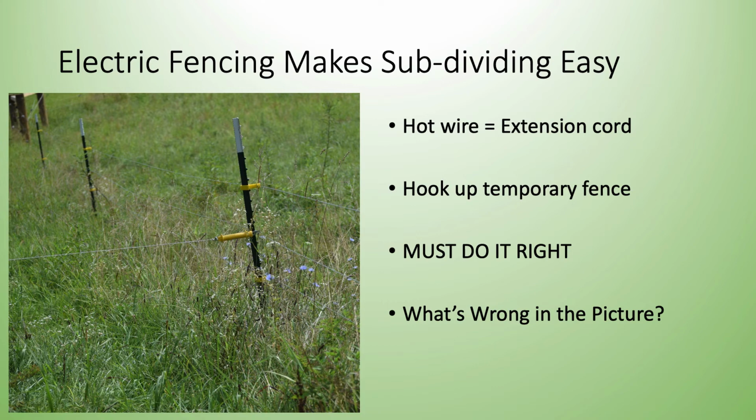So what's going on in that picture? What's wrong here? That's it, right? So it is. If you look here, this temporary wire here, this temporary fence here, is hooked onto a wire that's not hot.